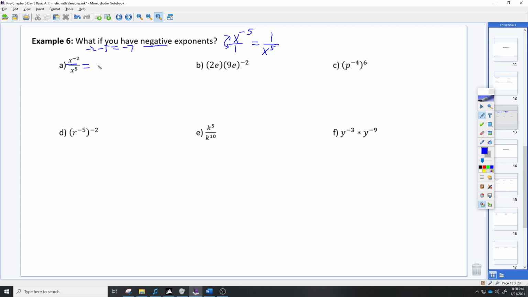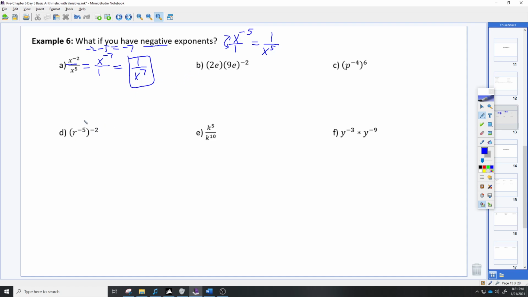So when this happens, you write it like this. Subtract them, it'd be x to the negative 7 on top, and there's nothing on the bottom now. So how do we fix this? We flip this around, make it 1 over x to the positive 7, and that's your answer. They do get a lot more complicated than this, but this is just kind of the baby steps.